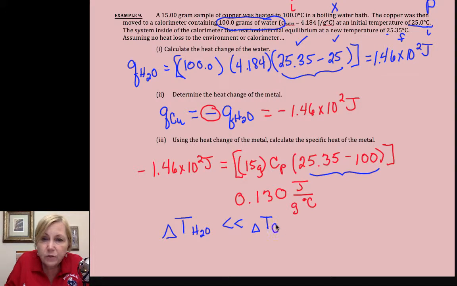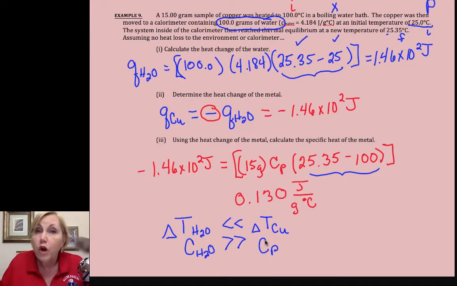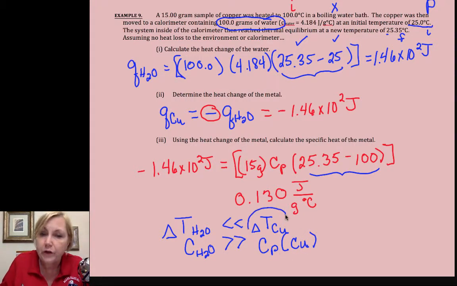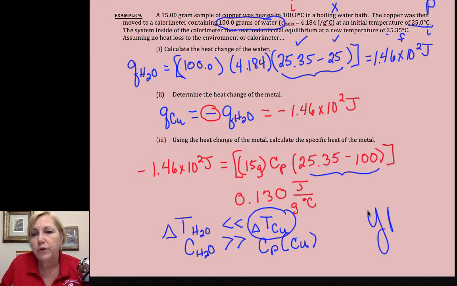And that's because water has a higher heat capacity than does copper. So it has a greater ability to absorb heat in and of itself without changing or exchanging temperature. So the smaller the heat capacity, the bigger the change in temperature. Okay, we'll explore this more in class.